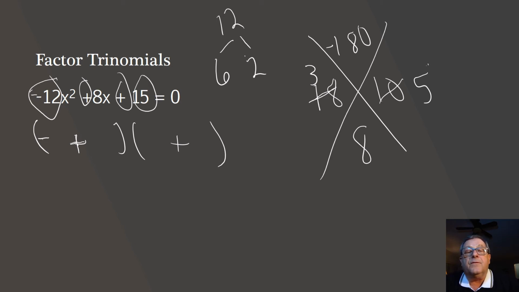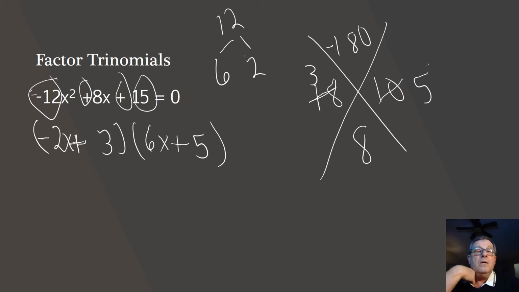I think if I use a positive 6x and a negative 2x. Now let's think about the 3 and the 5. Where was the best place to put that? I think if I did a plus 3 here and a plus 5 here, I think that would work.